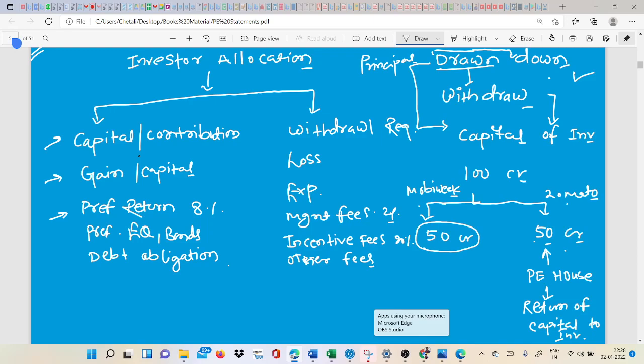If someone has contributed 2 crore, then we'll allocate as per the 2 crore class. If someone has contributed 1 crore, then we'll charge the fees accordingly. It depends on their capital, as simple as that. On that basis, we'll charge the amount and allocate it to their own respective accounts. So this activity we call investor allocation. That's it.